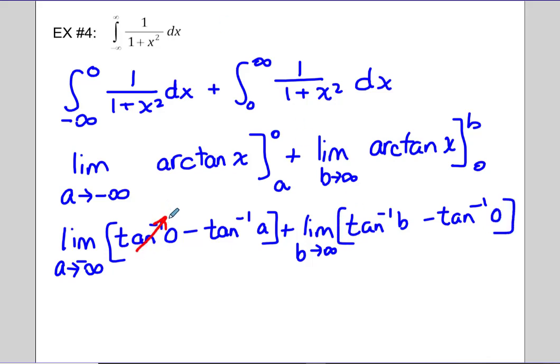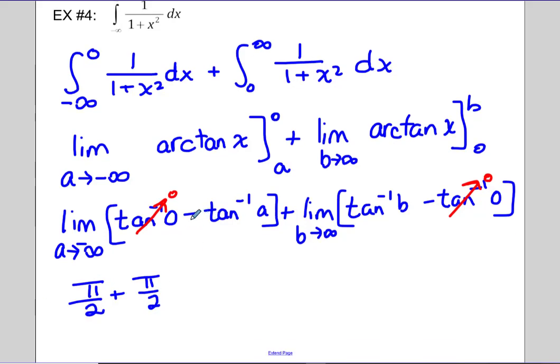And this one goes to 0, this one goes to 0, and the angle would be pi over 2 and pi over 2 for the remaining pieces.